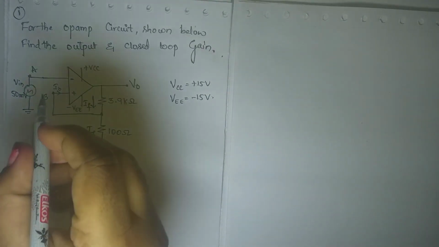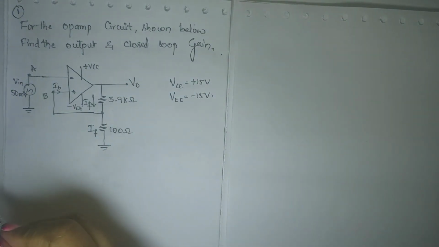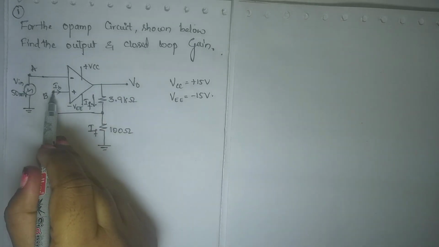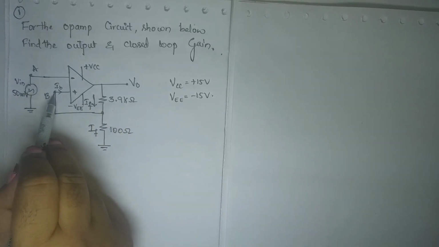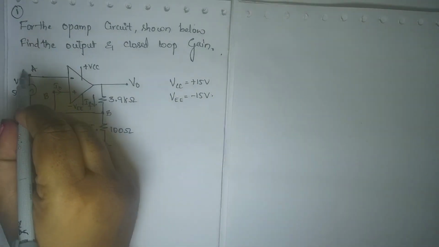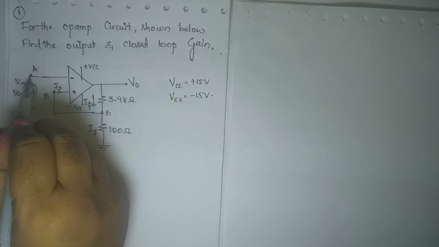To calculate the output voltage, I know that points A and B are at the same potential, right? Because of virtual ground, A and B are at the same potential. So this is B and also this is B; both are at the same potential. Whatever VA is there, the same thing you will get here. What is the voltage at point A?